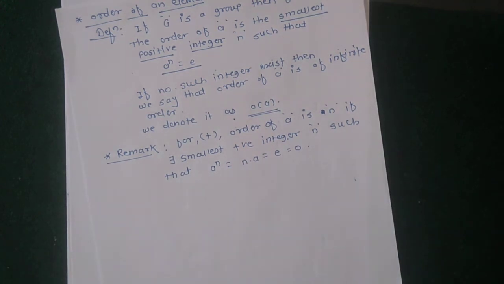This is the first remark, for the binary operation with respect to addition. For multiplication, the identity element is sometimes 1, but for addition the identity element is always, or in many cases, 0.